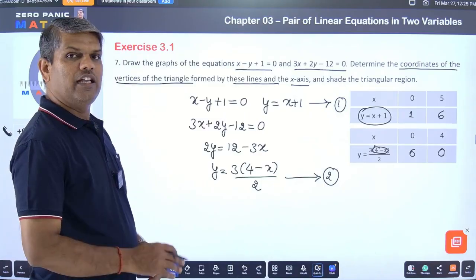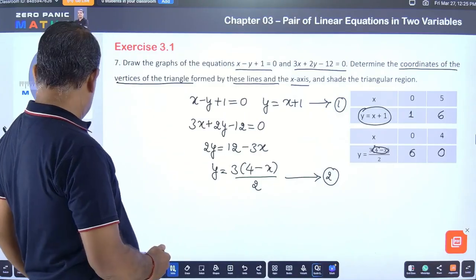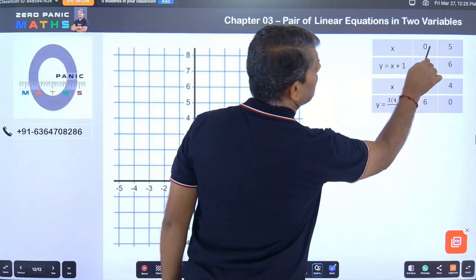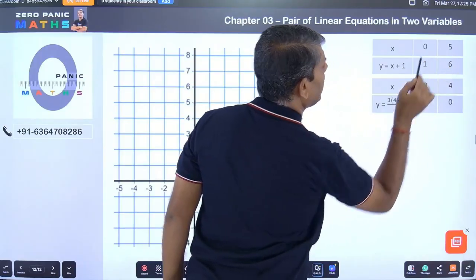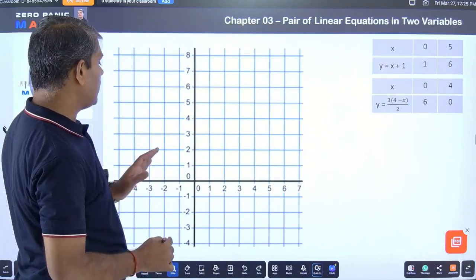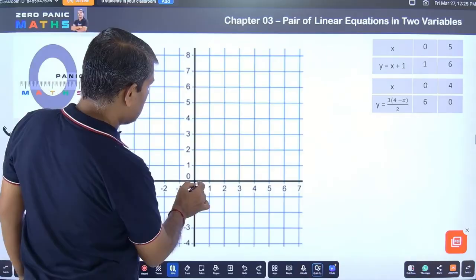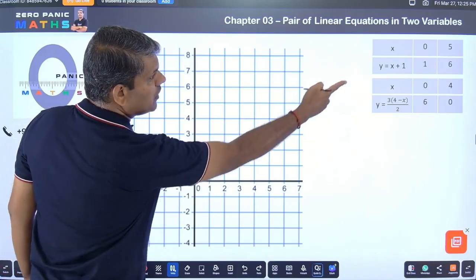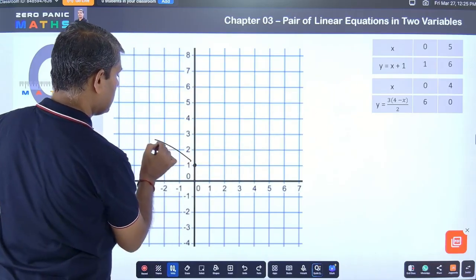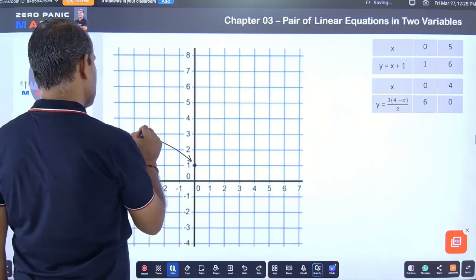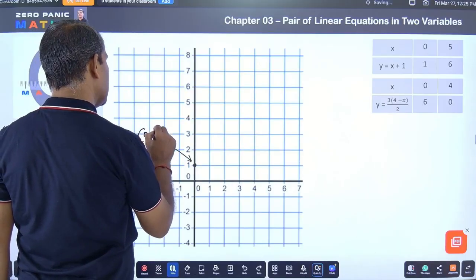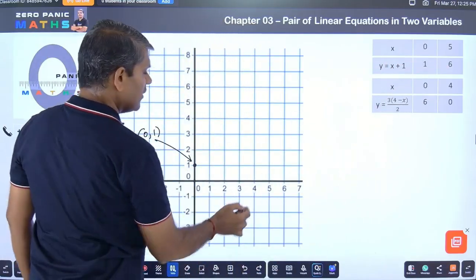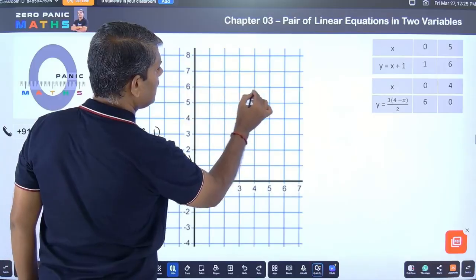Okay. Let's move to the next slide to plot the graph. So (0, 1) is the first coordinate, (5, 6) is the second coordinate of the first line. Let me just mark this 0 as the x coordinate and 1 as the y coordinate. 5 as x coordinate and 6 as y coordinate.